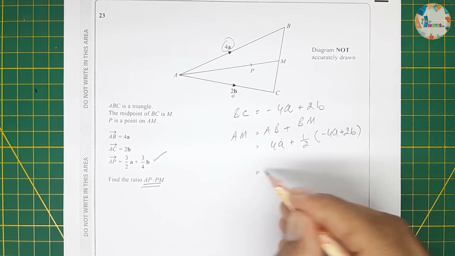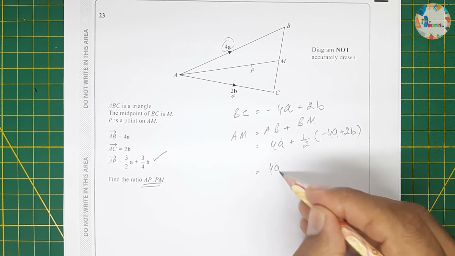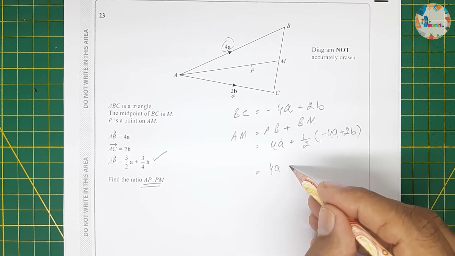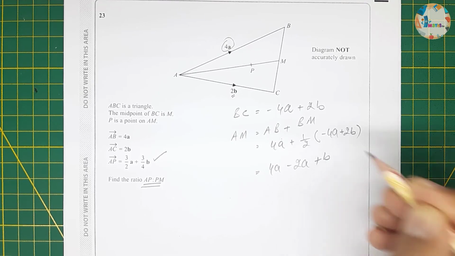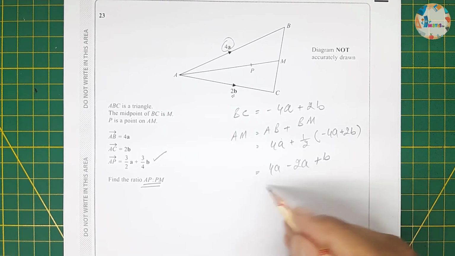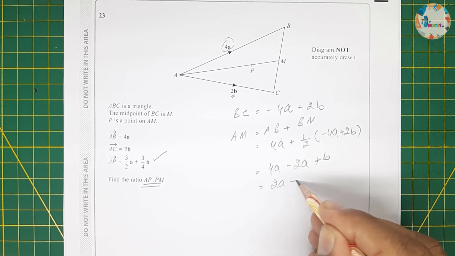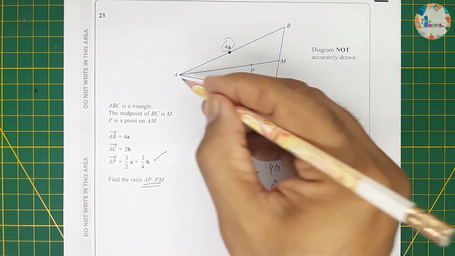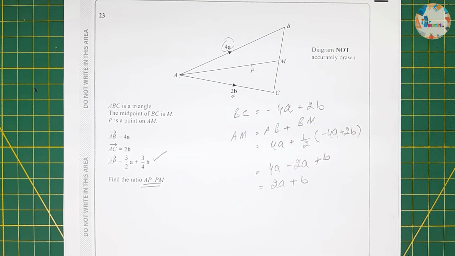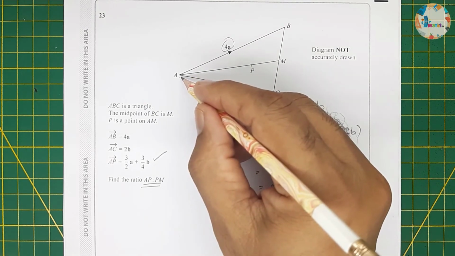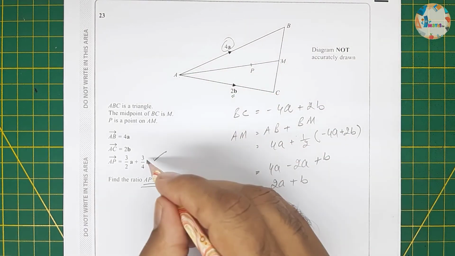And what we can do, we can simplify this. This will be 4A, and this will be minus 2A, and this will be plus B. Now this one, further simplification, 2A plus B, this will be the value of AM. So AM is 2A plus B. Now we know that AP is this one.